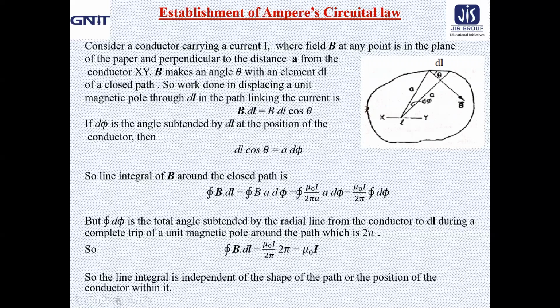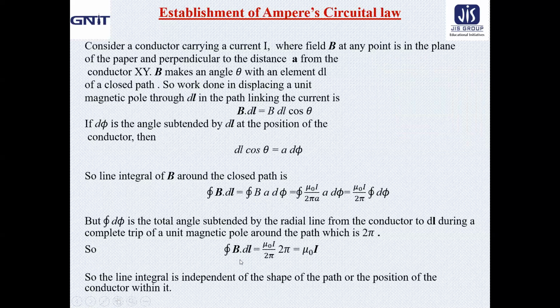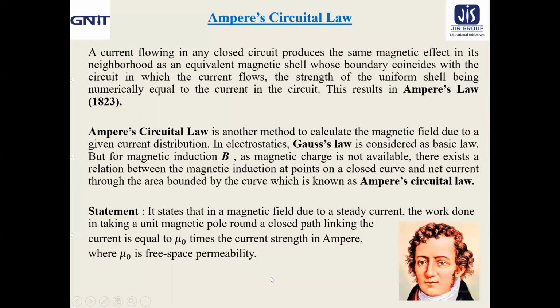So let us now take a look at this line integration once more. The closed loop integral of B dot dl equals mu naught I. Just take a look at the last page. What about the statement we have used?